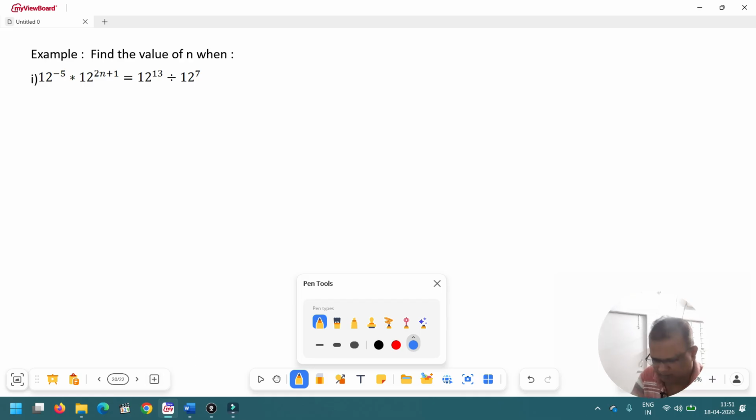Now consider the next question. Find the value of n when 12 power minus 5 into 12 power 2n plus 1 is equal to 12 power 13 divided by 12 power 7. Consider the expression.